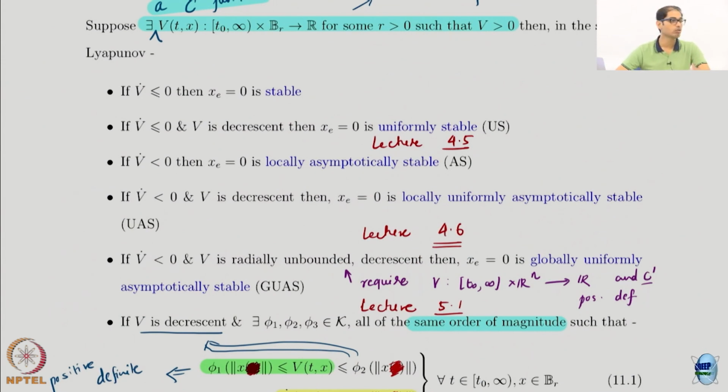I know there were some mistakes last time when I asked a few questions, so remember these few points. If some state does not appear in a function, it cannot be definite. If you have things like (x1 plus x2) whole square, it cannot be definite. These are things you should not need to look at your notes to remember.